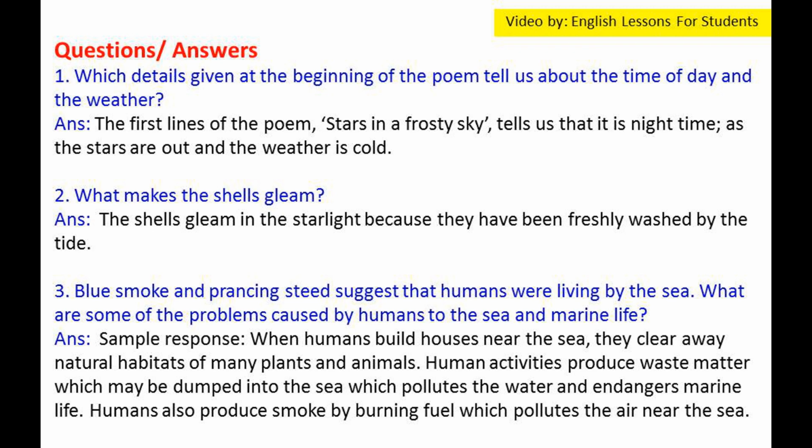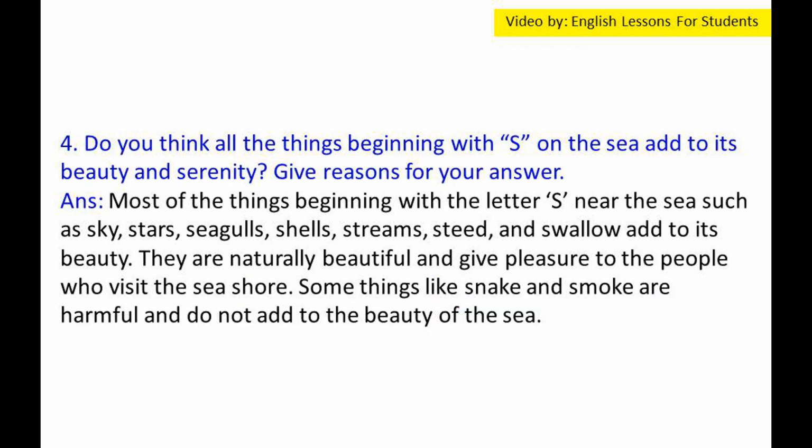Human activities produce waste matter which may be dumped into the sea, which pollutes the water and endangers marine life. Humans also produce smoke by burning fuel, which pollutes the air near the sea.